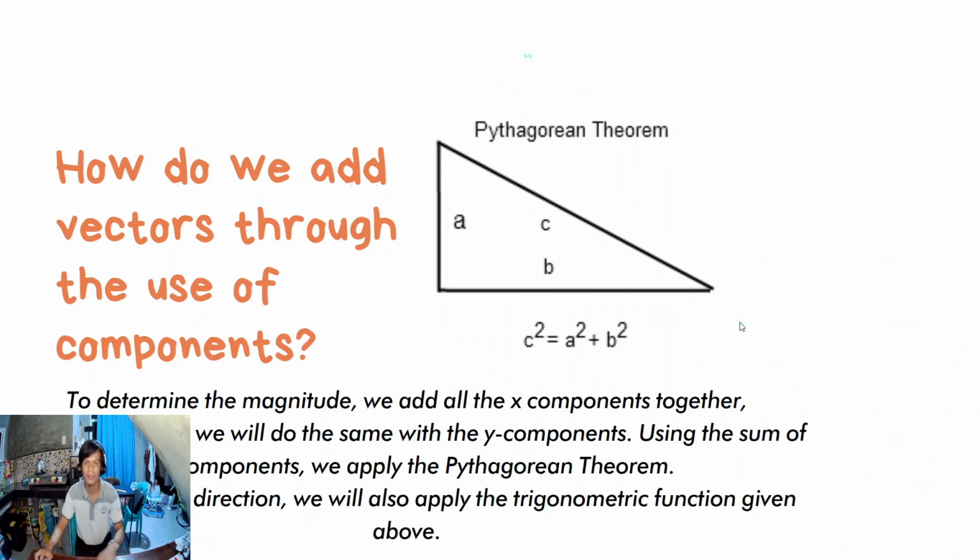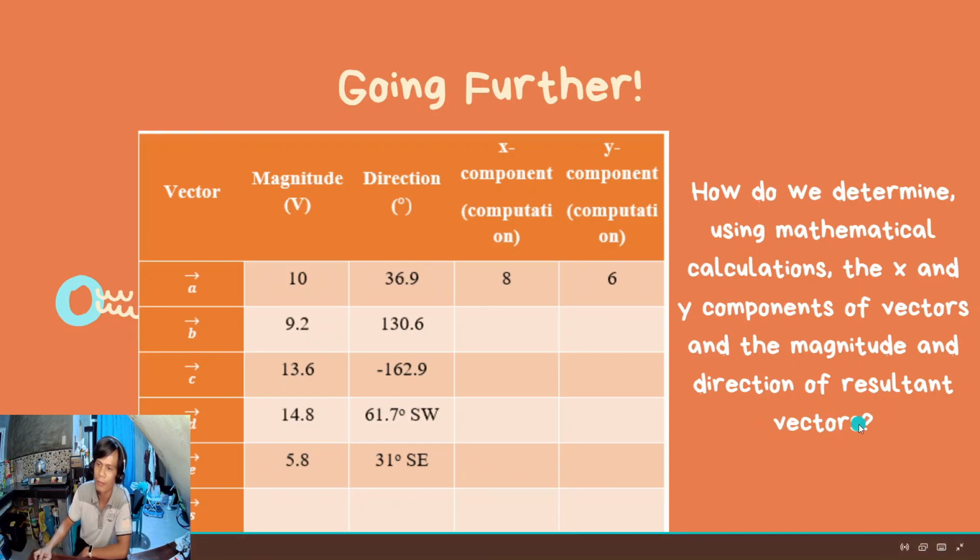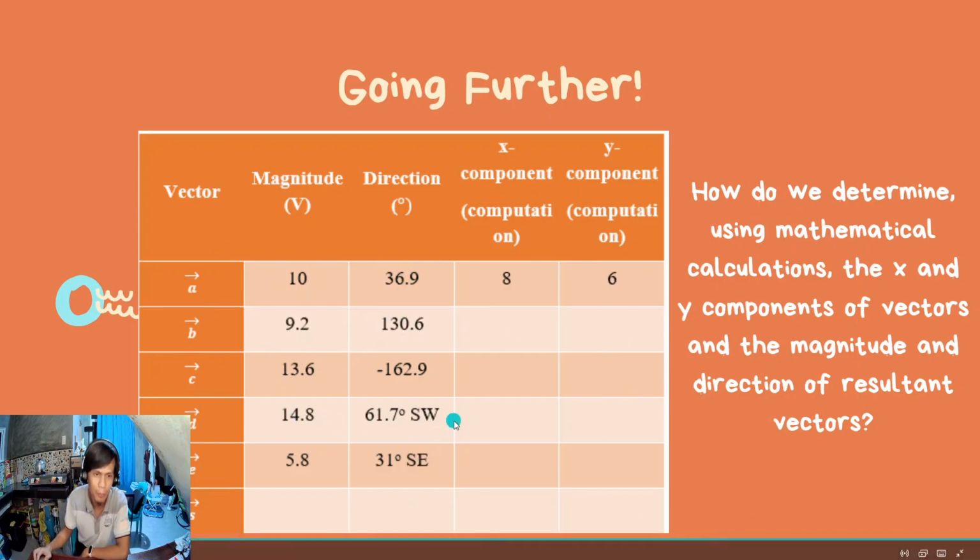But the real question now is, how do we determine, using mathematical calculations without any PhET simulations, the x and y components of each vector, and of course finding the magnitude and direction of the resultant vector? This question will be answered after our break.